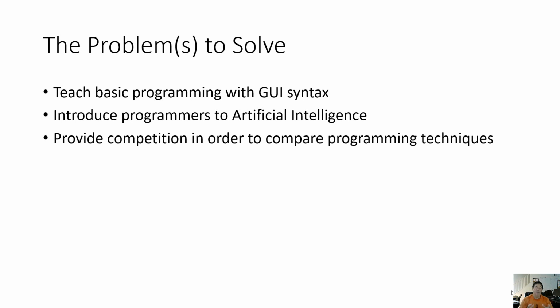If you have your own creation, you will actually pit it against someone else's creation, and whoever has the best code, the best approach to defeating their opponent, will win and gain points. So the three problems to solve are teaching basic programming, introducing basic AI, and providing a competition with which you can basically judge how well you've done.